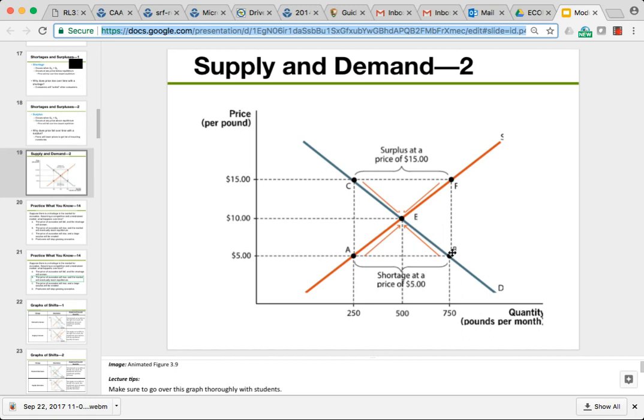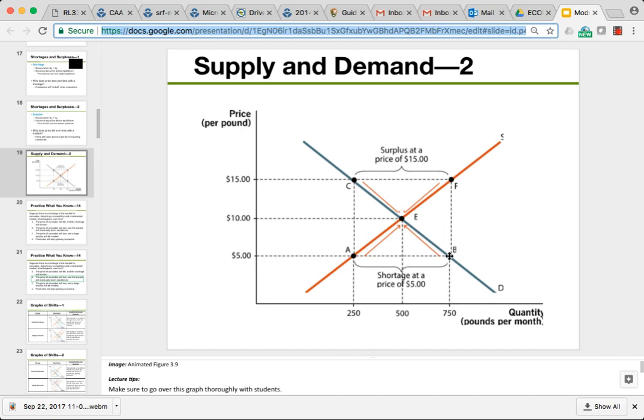We know this because according to the law of demand, at a price lower than $10, in this case 5, the quantity demanded should be higher, in this case 750, than the original quantity demanded, which was 500. That is lower price, increase in quantity demanded. And because the quantity demanded is greater than the quantity supplied, we have a shortage.